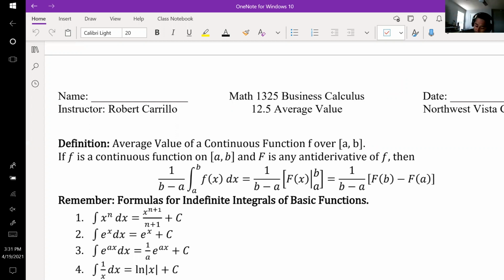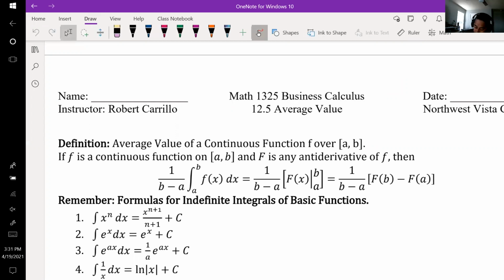So the only thing new is we are adding in this 1 over b minus a. So we're doing the evaluation theorem that we did last time. We were just applying the new part of the formula, 1 over b minus a, which will find the average value.